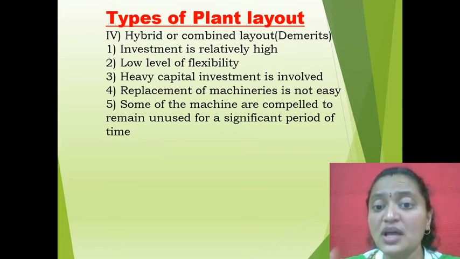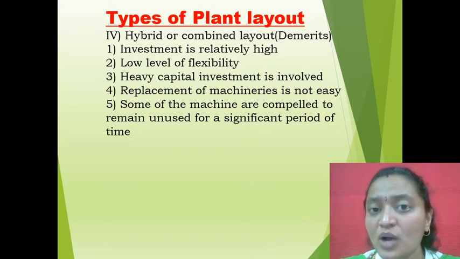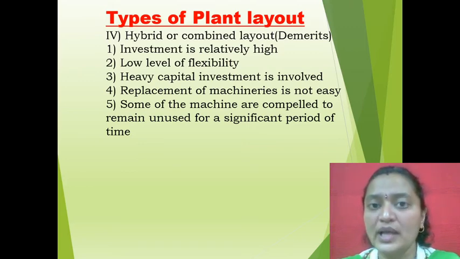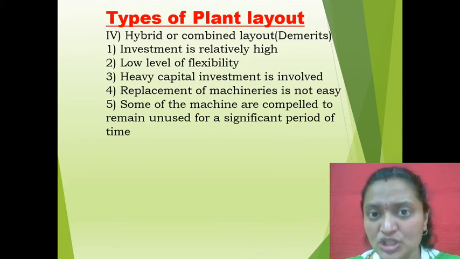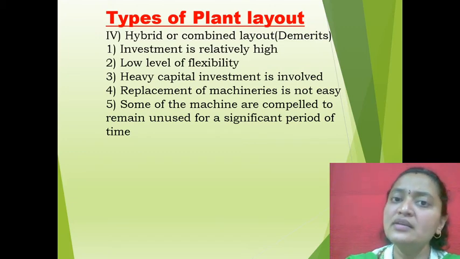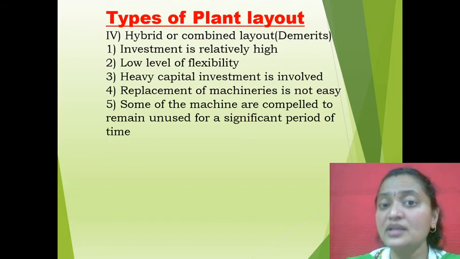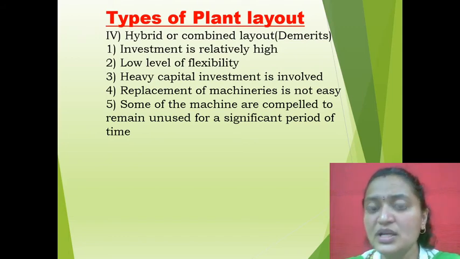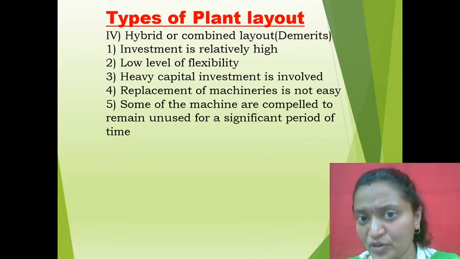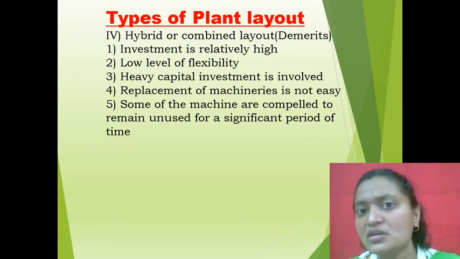Some of the machines are compelled to remain unused for a significant period of time. Suppose you keep using a machine again and again, then it has its proper usage, meaning it will give good output and good results. But a few machines, if they become old and outdated and the company doesn't use that particular machine, become unused for a certain period of time.